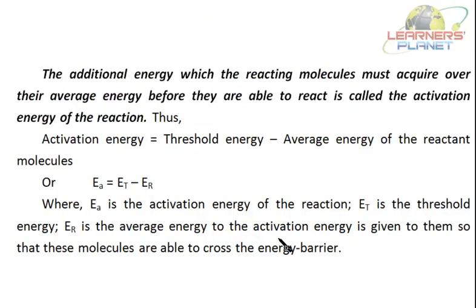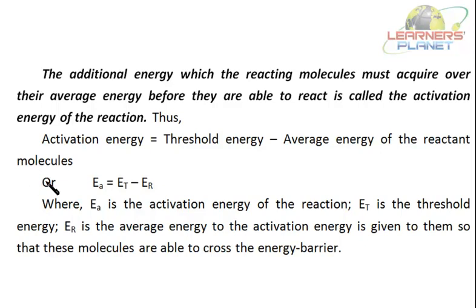Right? So at room temperature the molecules do not react. Why so? Because they have less energy. So when energy is provided to them, the molecules gain energy equal to the threshold energy, and then they react.